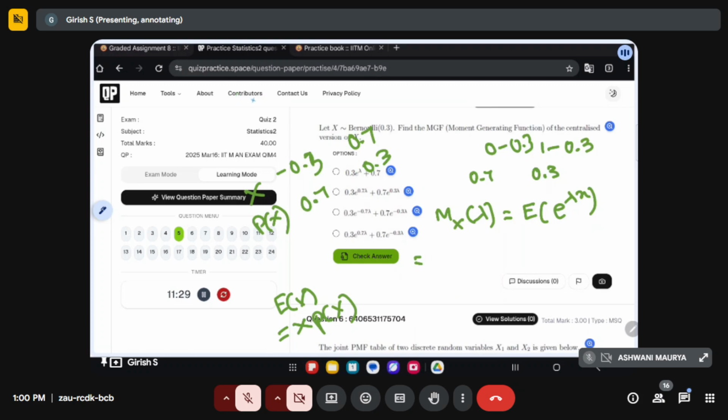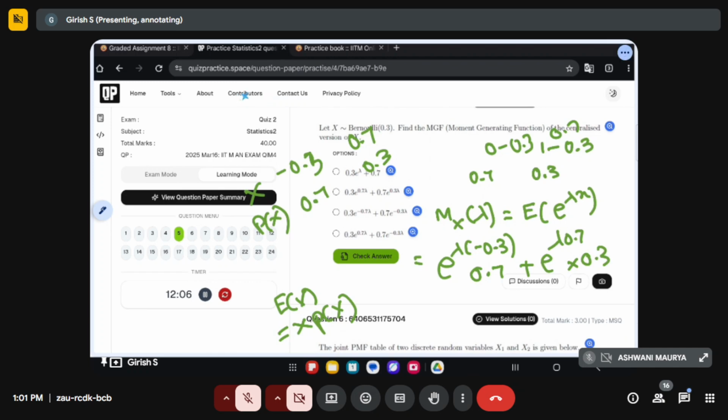What is x? x is first 0 minus 0.3, so it will be e to the power lambda into minus 0.3, into p of x. What is the probability of minus 0.3? It's 0.7, right? Now, what is the other value x can take? x can take 0.7 from here, so it will be lambda into 0.7. What is the probability? 0.3. Okay, so this is how it is.